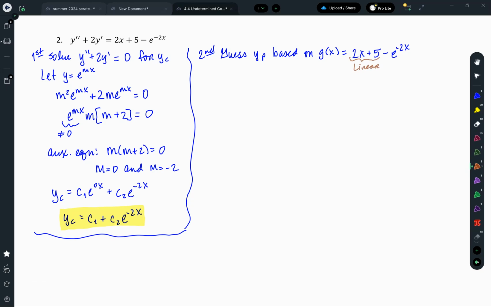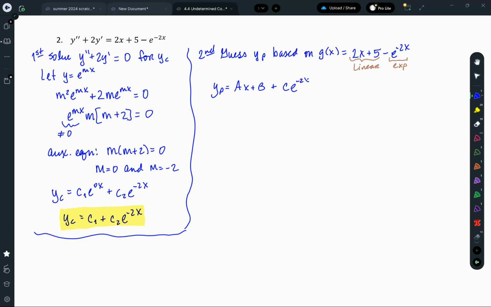It's one family. It's linear. And then the e to the minus 2x, that is an exponential. So we have a sum of families. So when we make our guess, we expect there to be a sum in between. My first guess would be the linear standard form, ax plus b, plus c times the standard form of e to the minus 2x.